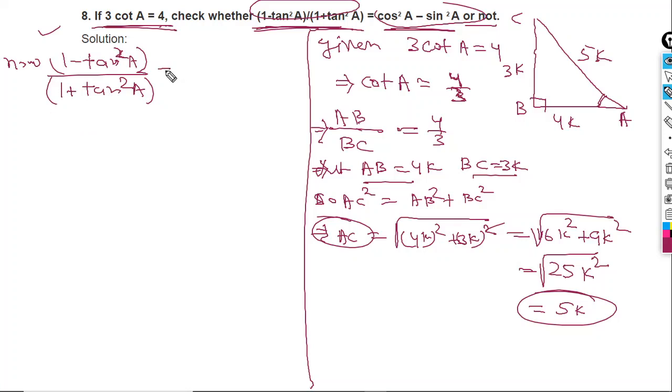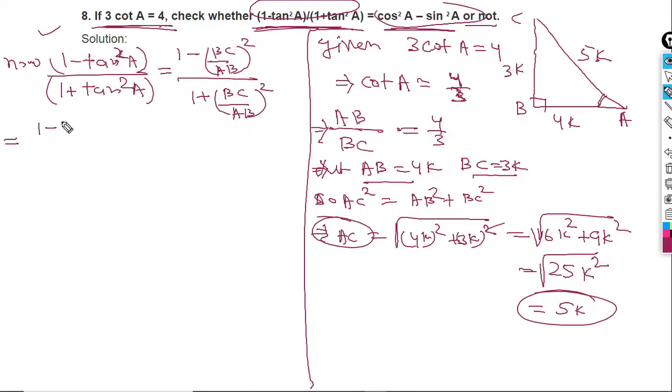Now it will be equal to 1 minus, now you know the value of tan. Tan means side opposite divided by adjacent side. That means BC by AB. You can write 1 minus (BC by AB) whole square, divided by 1 plus (BC by AB) whole square.